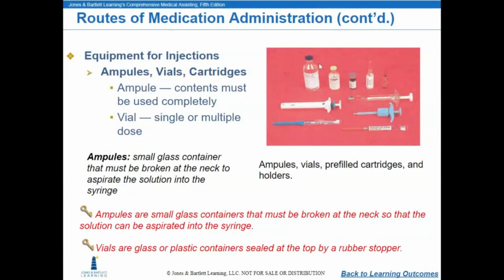One thing I want to mention too, when we are using multiple dose vials, we want to clean the top of the vial. I'm sorry, the cap is the top, but we want to clean the rubber part of the vial before we draw up a medication. I'll show you guys this when we get back in class. You want to clean it off each time before you draw it up when you're using a multi-dose vial.